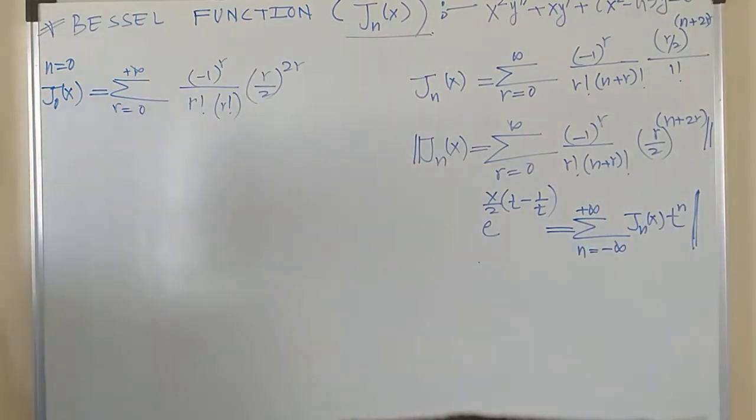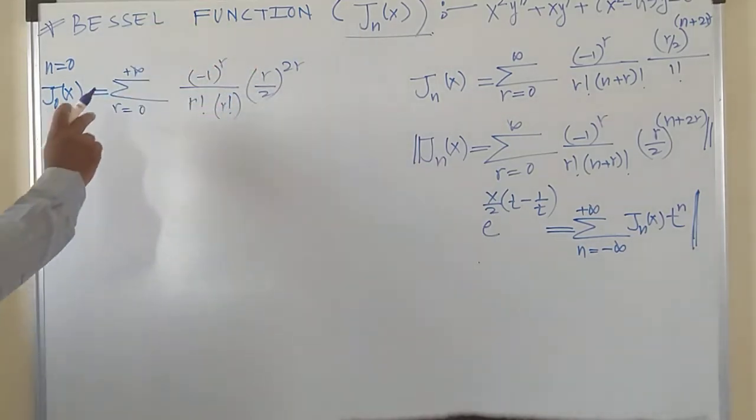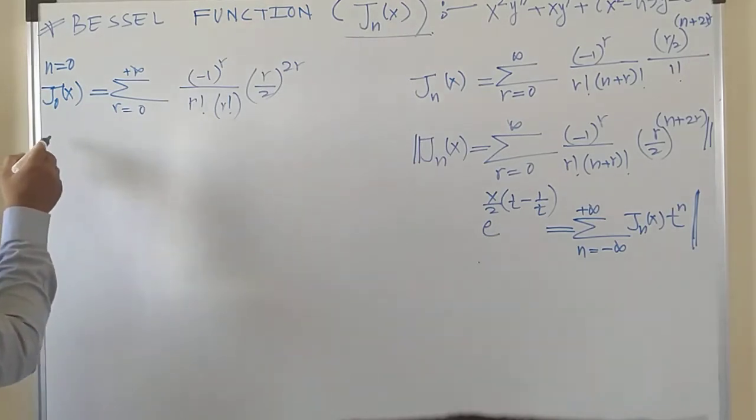So we got this kind of relation, and this can be written by putting the values of r as 0, 1, 2, etc., because r varies from 0 to infinity.